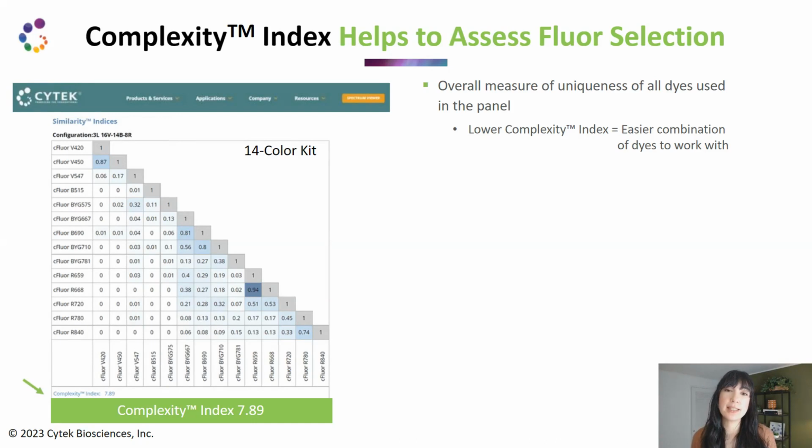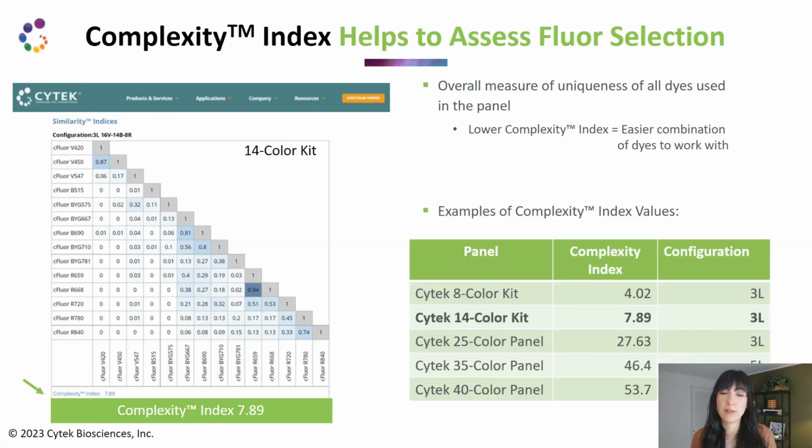So the complexity index gives us an overall measure of uniqueness. And unlike the similarity index, it doesn't have a hard cutoff value. The complexity index instead just gives us a rough estimate: if it's lower, then it generally means that is an easier combination of dyes to work with. So to give you a point of reference, our 14 color kit is 7.89.